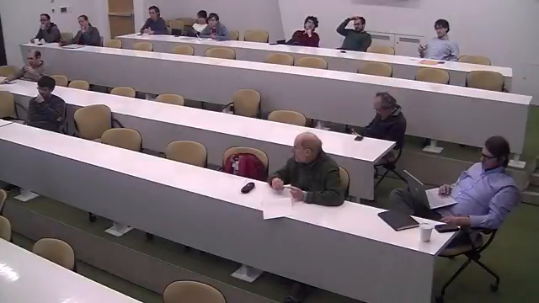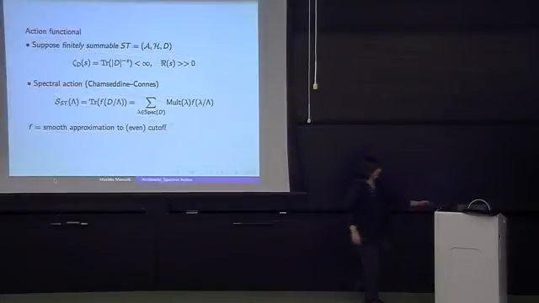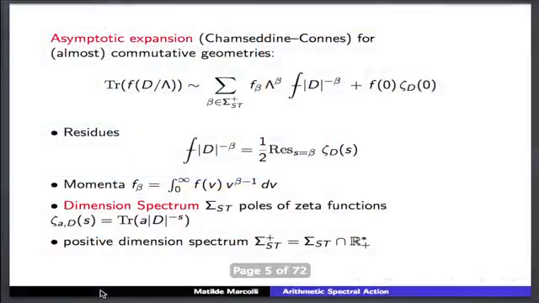Okay, so the thing is, when you let this cutoff scale become large, you can look at how this functional behaves in the limit of large lambda, in the large energy limit. There is an asymptotic expansion, and you have one term for each pole of the zeta function.